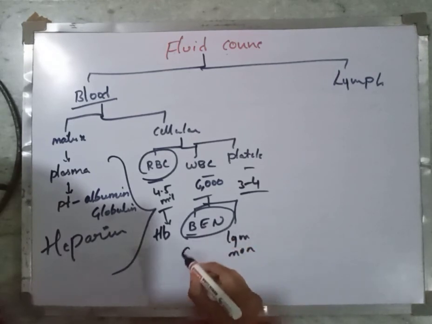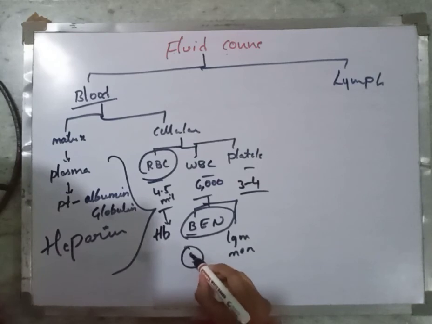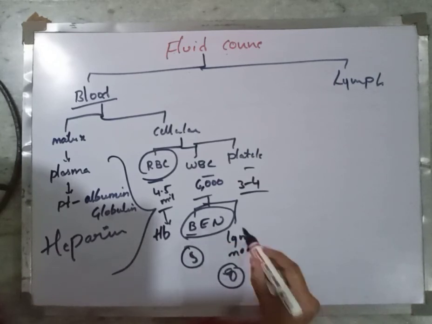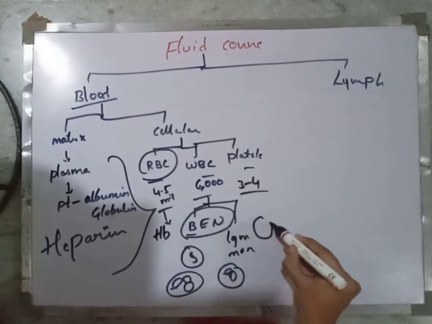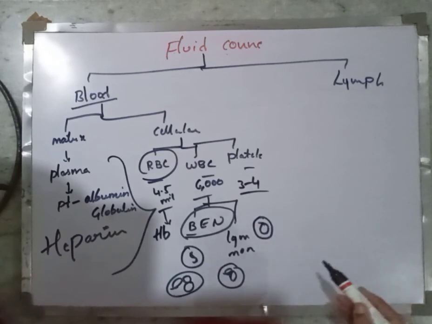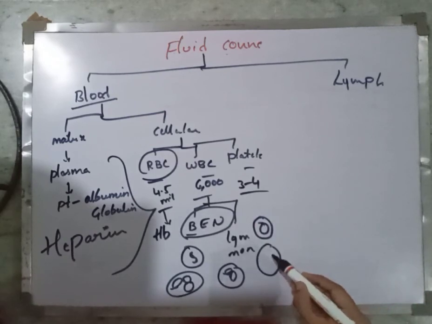The basophils contain an S-shaped nucleus, whereas the eosinophils contain a bilobed nucleus, whereas the neutrophils contain a trilobed nucleus. So these are the structures of basophils, eosinophils and neutrophils. And the lymphocytes contain a large round-shaped nucleus, and the monocytes contain a kidney-shaped nucleus.